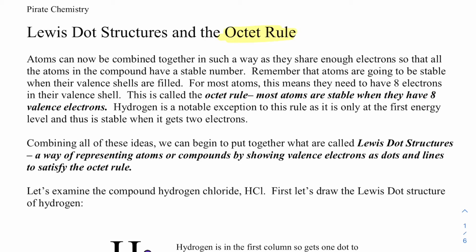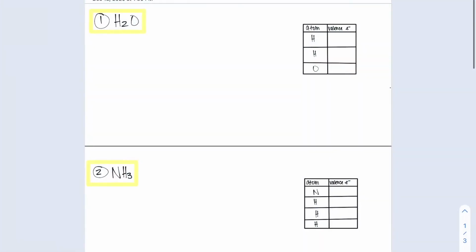And these Lewis dot structures are going to help us to really visualize and represent how atoms bond through sharing electrons. Remember, with covalent bonds, we are always looking at sharing electrons. We figured out in our ionic bonding unit how many valence electrons each of our atoms have.